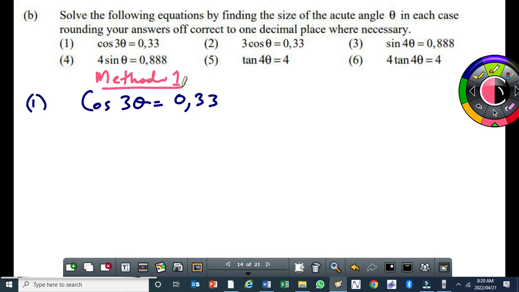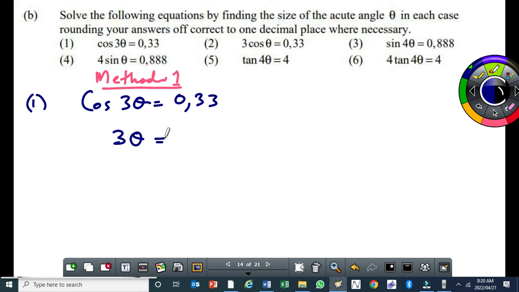With method 1, you need to be aware that your angle here is not theta. The angle is 3 times theta. Okay, the angle is not theta, it's 3 times what? Theta. So what you do, you take the cos, and then you're left with 3 theta.